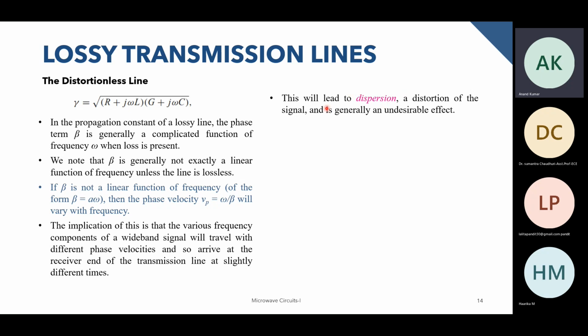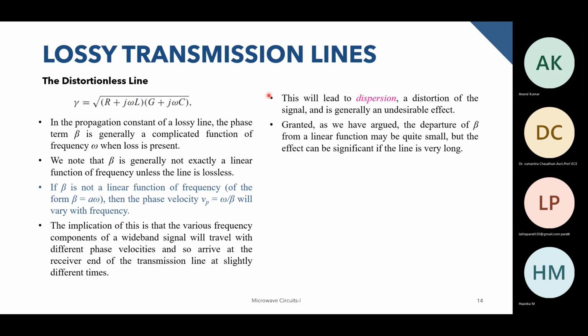So we do not want dispersion, and a lossy line will show dispersion. But under one circumstance, even though your transmission line is lossy, it will not show any dispersion: if we somehow get beta as a linear function, but R and G are non-zero.